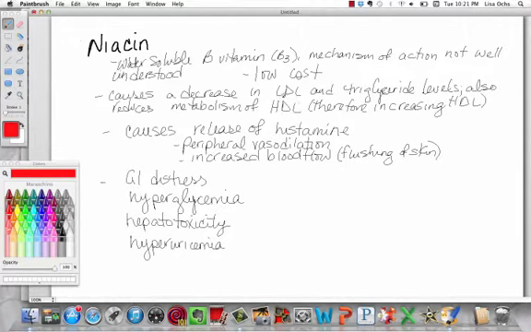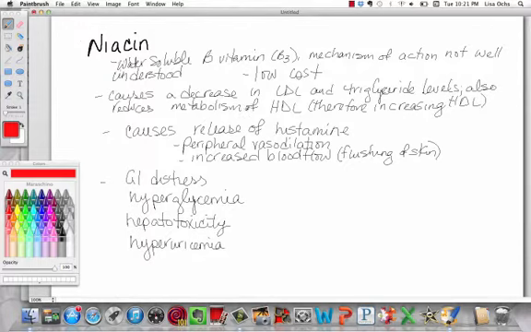So it decreases the levels of the bad cholesterol, and it raises the level of the good cholesterol. So it's kind of a twofer. It helps in both ways to balance out our cholesterol levels.